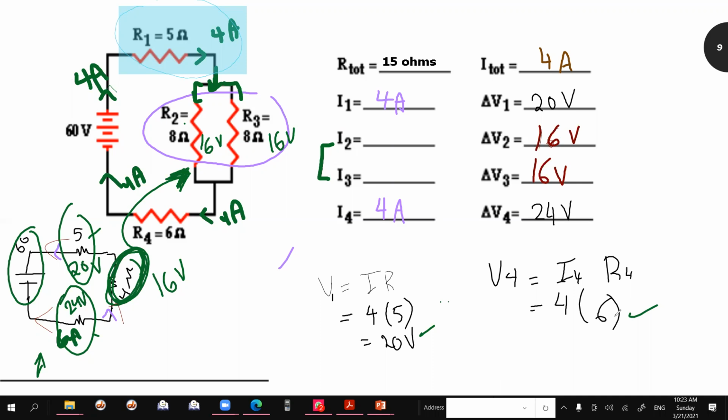Now, after we find V2 and V3, we need now to find I2 and I3. Now be careful here. I2 and I3 are not necessarily equal. V2 and V3 are equal, since they are connected in parallel.